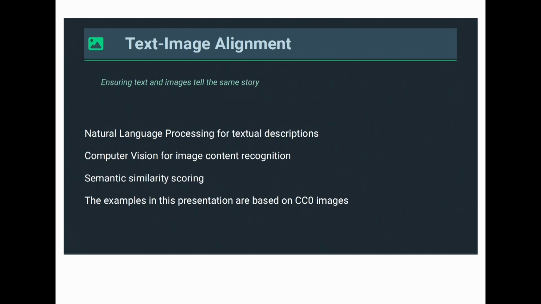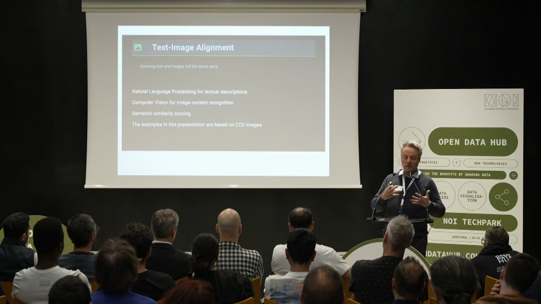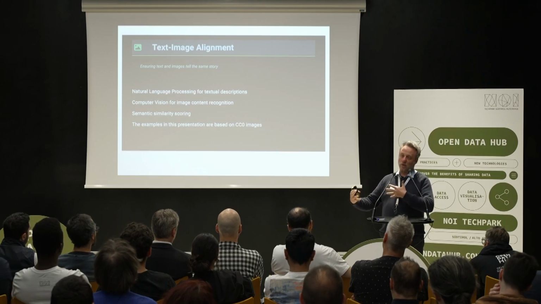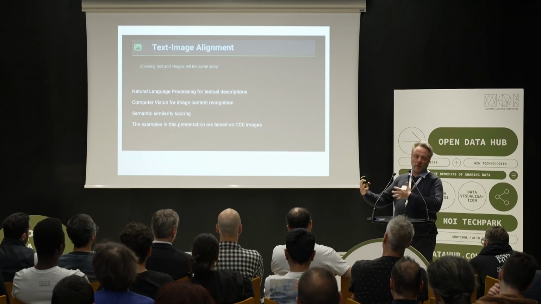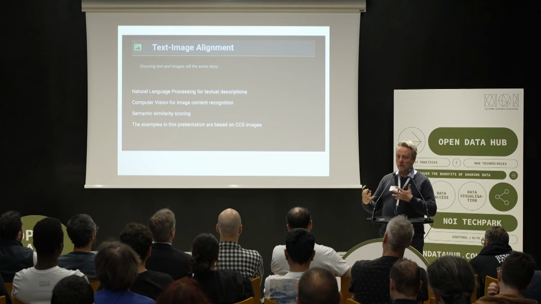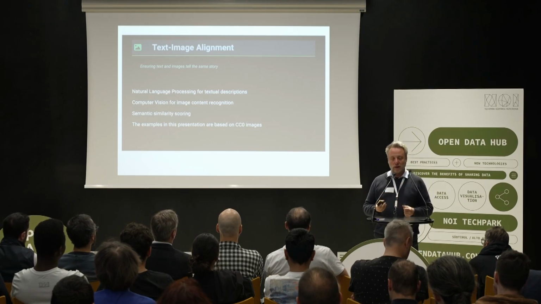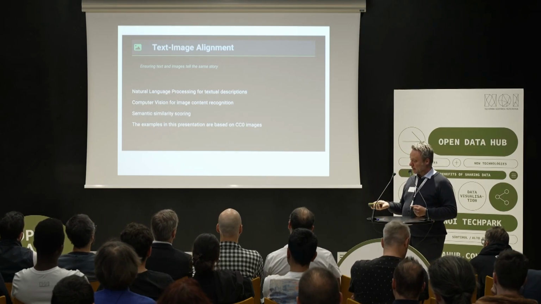Okay, so now let's go on to the next step. We have seen the description. Now we try to find the match between description and images. So is the description of the images correct or not? Are they matched together?